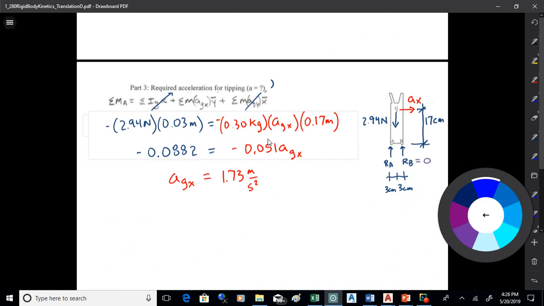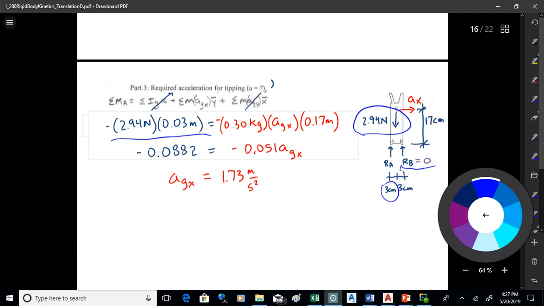So here we run the exact same equation. We're considering the threshold of tipping, what it takes to just make that happen. So the moment doesn't have an RB term because we're assuming that goes to zero. So we get 2.94 newtons times 0.03 meters, negative clockwise.